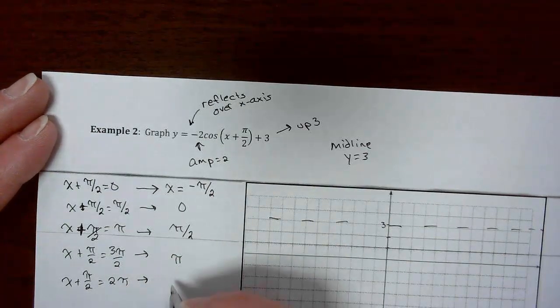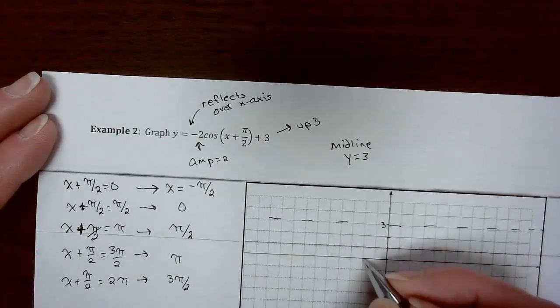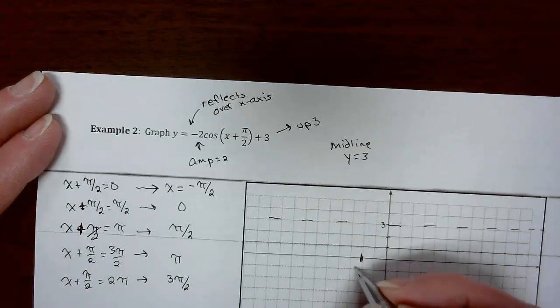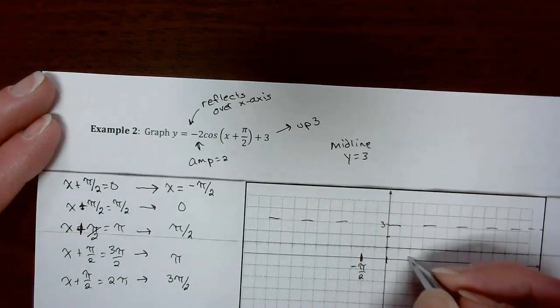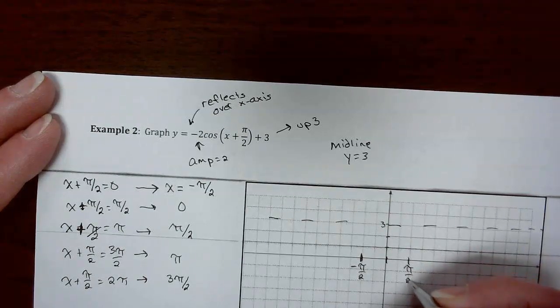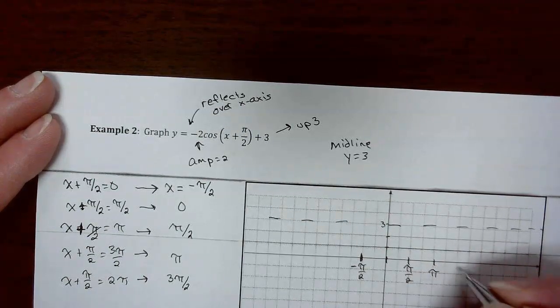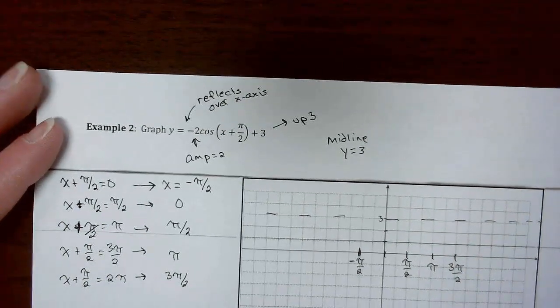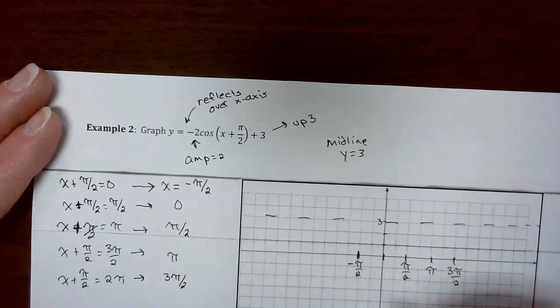Subtract pi over 2 from 2 pi, I get 3 pi over 2. Notice that everything has really just shifted left by pi over 2. And we only really have to mark those 5 places.